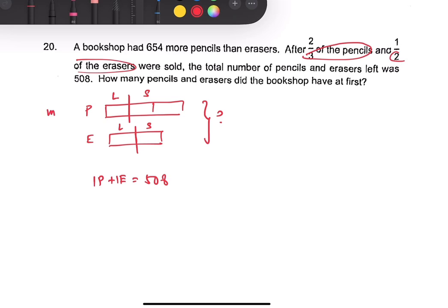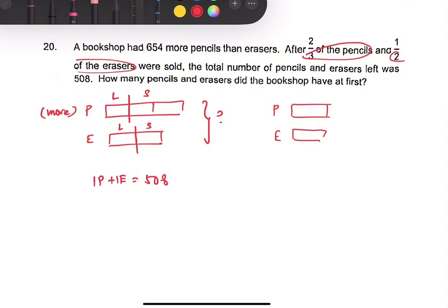So if I were to draw another model just for understanding, my pencil is longer than my eraser by 654. Okay, there will be a need for me to reshuffle for your understanding, so that you can visualize what I'm doing here.